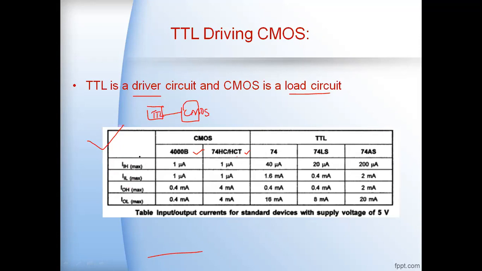By using these current parameters, you can determine the DC fan out, the low state DC fan out and the high state DC fan out here.